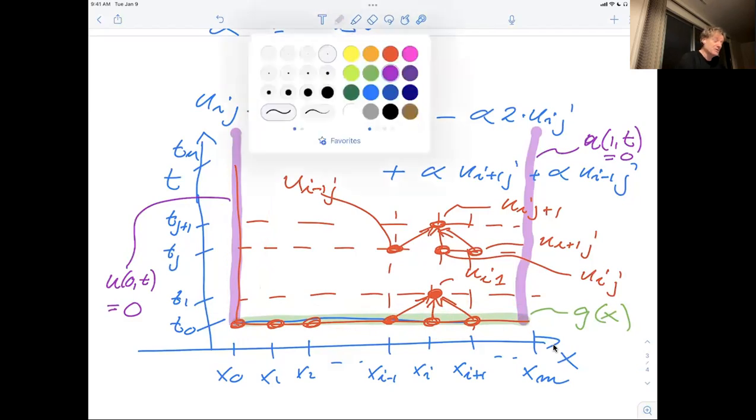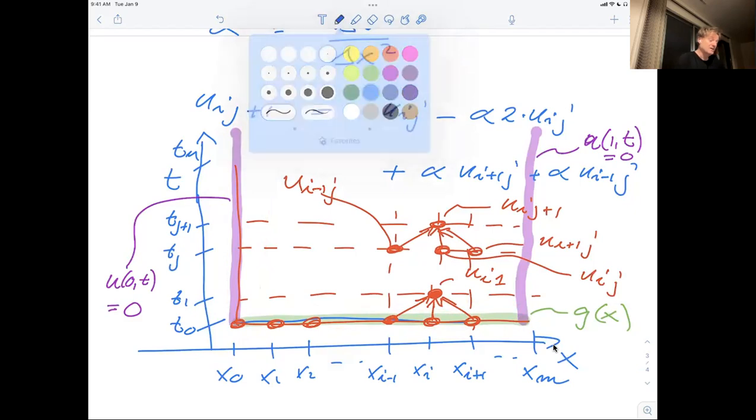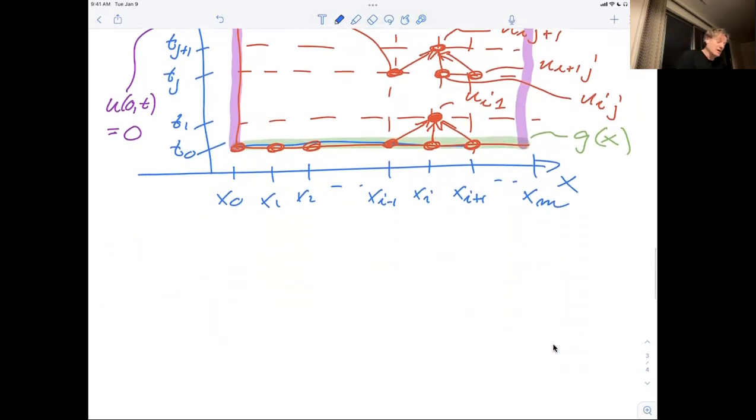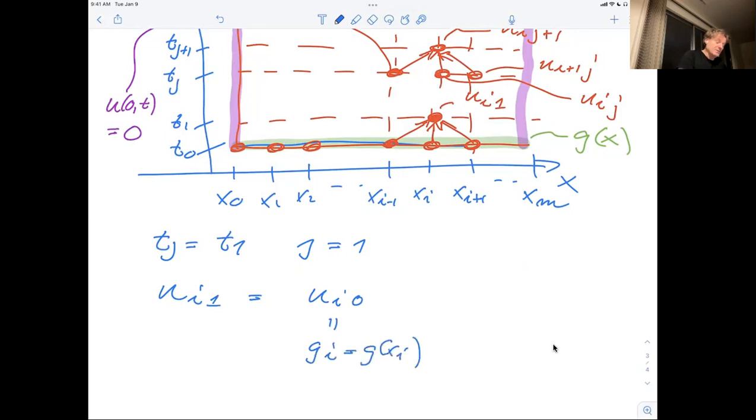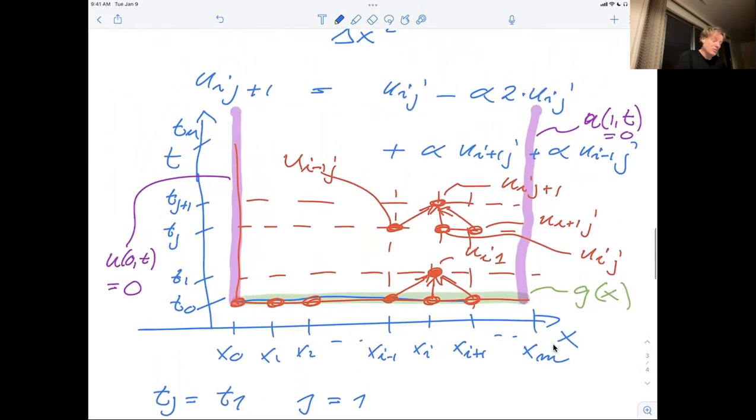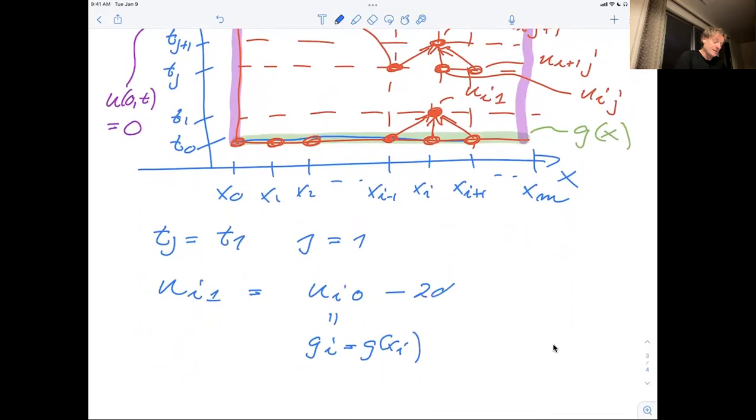And you can see that if we now set up the discretized version of the differential equation again, and we choose the time tj equal to t1, which means that j is equal to 1, what we have then is u of I of 1, which is simply given by u of I of 0, which is the same as this function g of x of I. And then we have minus 2 times alpha of u I 0.